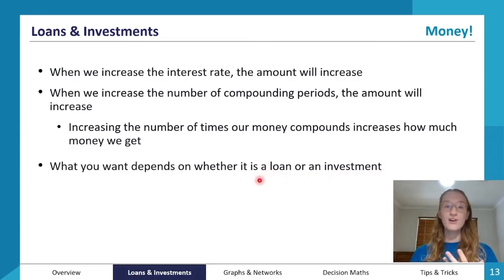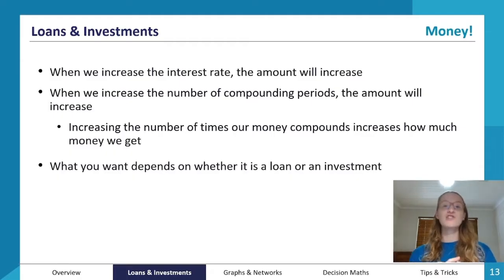In either scenario, we want to choose the option that works financially best for us. So if it's a loan, we want a lower interest rate and less frequent compounding periods, so we're not paying as much in interest. But if it's an investment, we want a higher rate of interest and more frequent compounding periods so that we're earning more money off our investment.